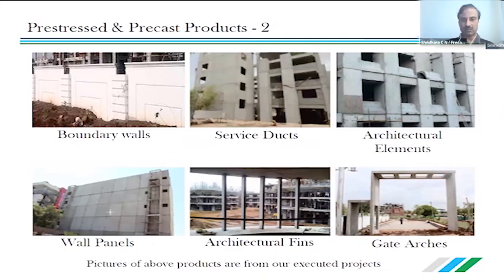Cladding walls, external walls, internal walls, even architectural fins. Anything can be produced in precast. The only thing is we have to make the mold and pour the concrete. And even if you want any replicas or logos on the element, they can also be accommodated in precast elements.